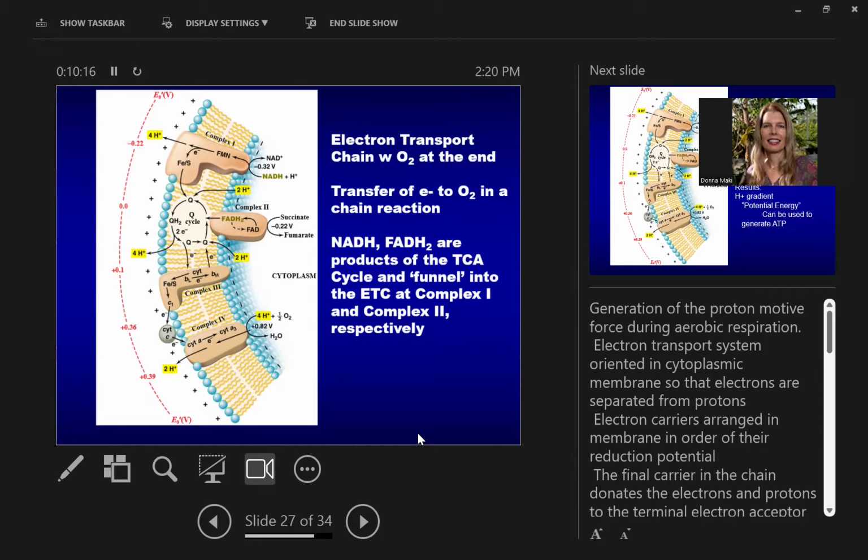Hot potato. Okay, you've got these electrons flowing from donor to acceptor, and that whole process provides a mechanism for the microbe to do one other hugely important thing. What is it?